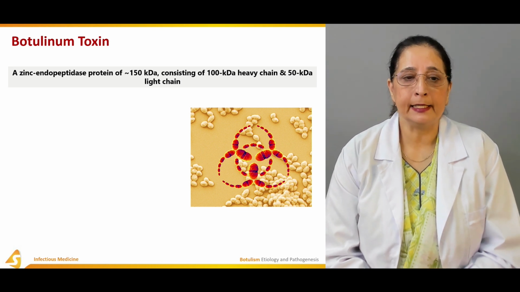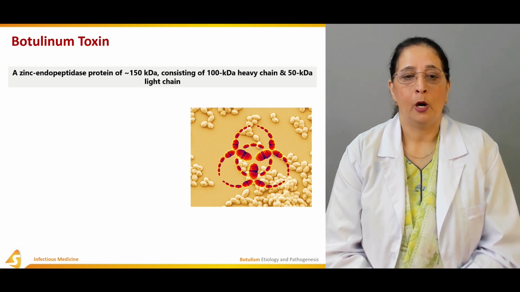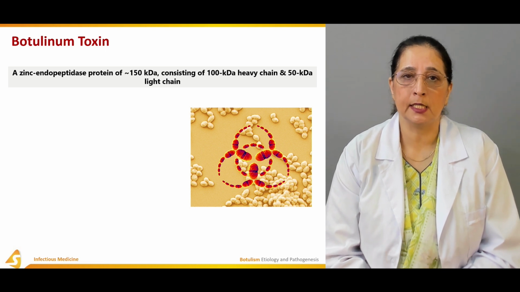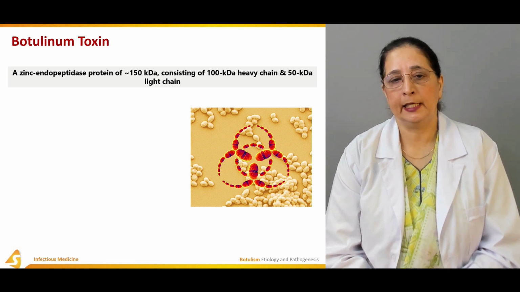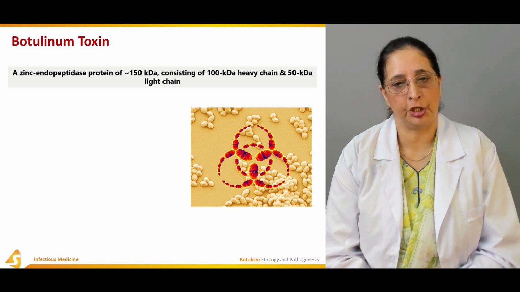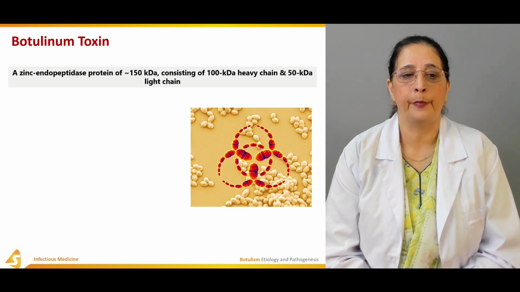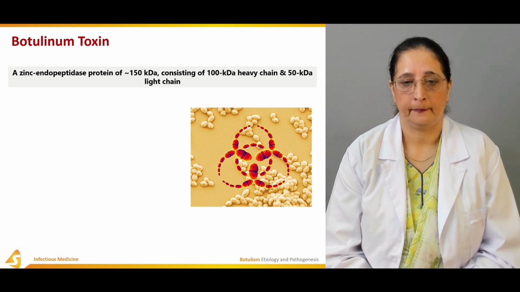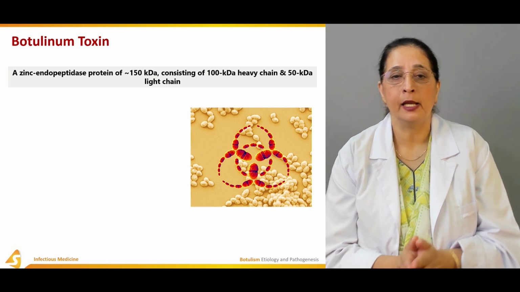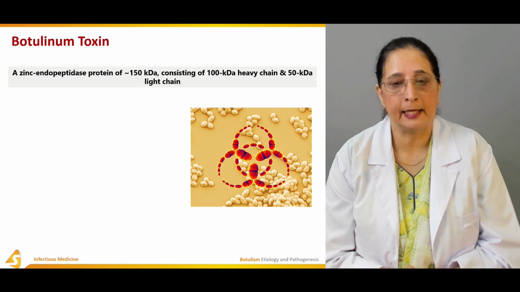It is a zinc endopeptidase protein of 150 kilodaltons, consisting of 100 kilodalton heavy chains and 50 kilodalton light chains. It contains a light chain and a heavy chain, with the heavy chain being larger than the light chain.